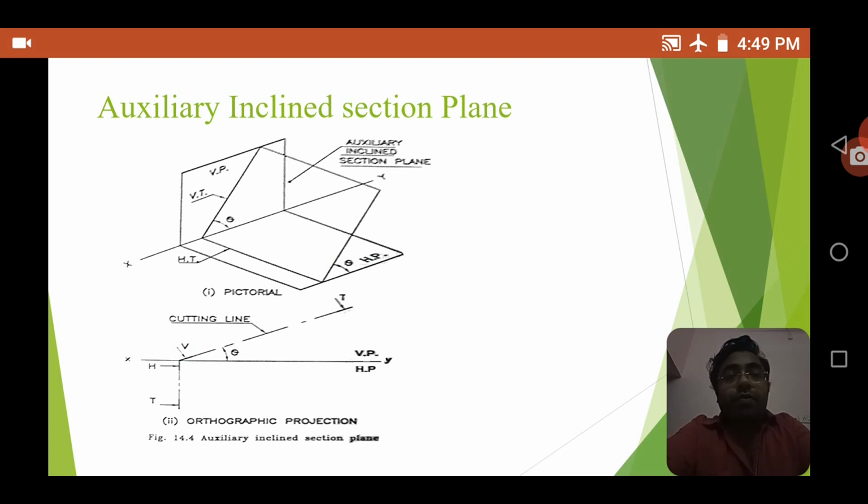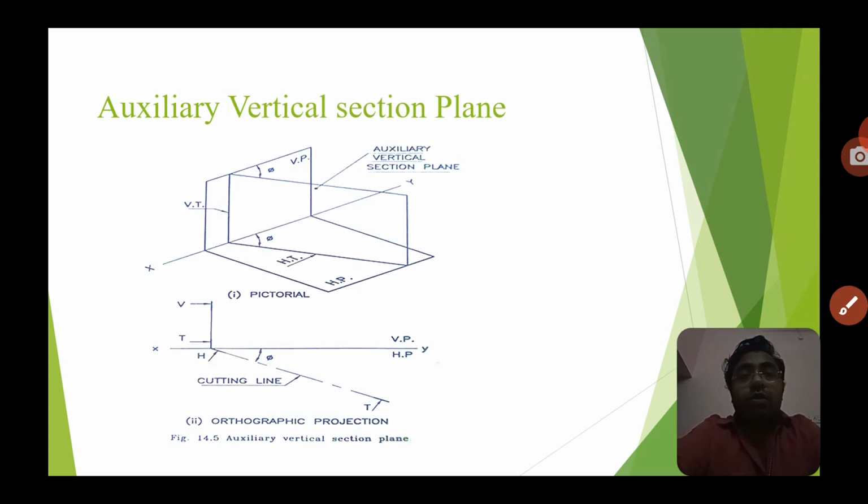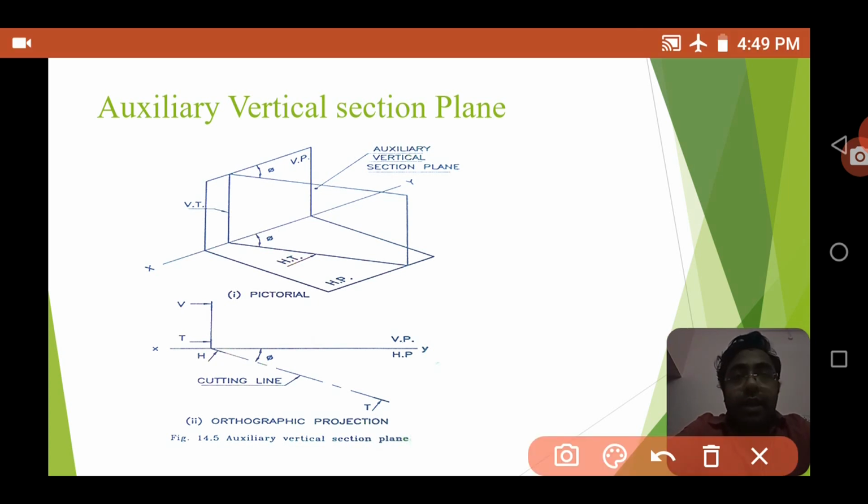Now we are going to study the auxiliary vertical section plane. This is the last one. In this one you can see that there is an angle between the VP and this cutting plane. There is a VP and an HP, and there is an angle between the vertical plane and this auxiliary vertical plane.